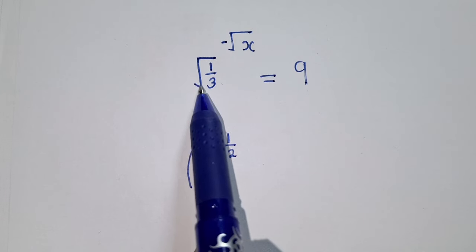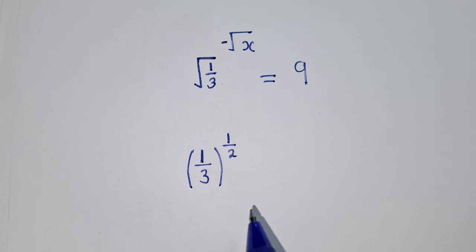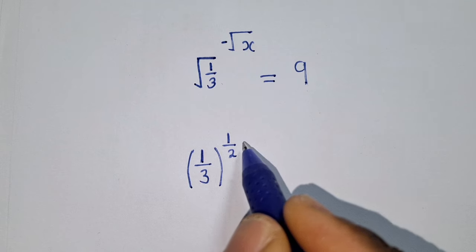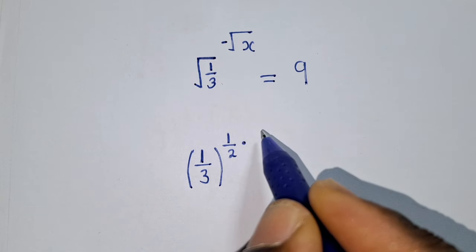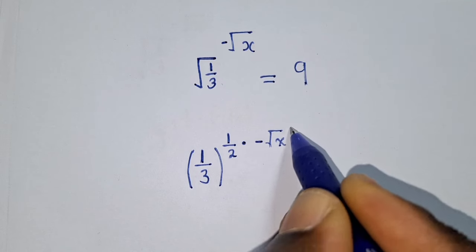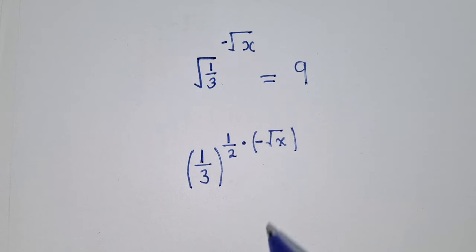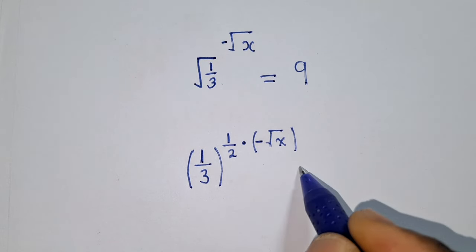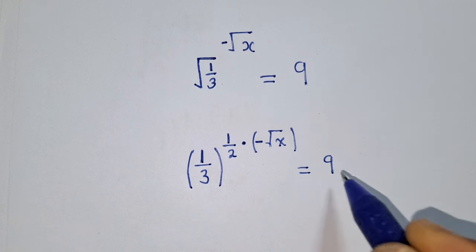You see, the square root which is here, you write it as 1 over 2. It's the same. And then here we shall say times the negative square root of x. This side we shall say equal to 9.